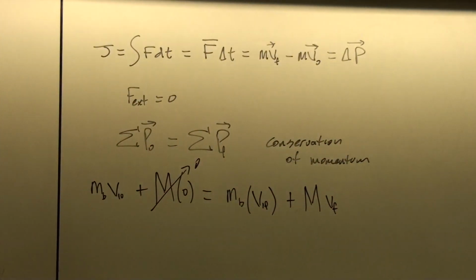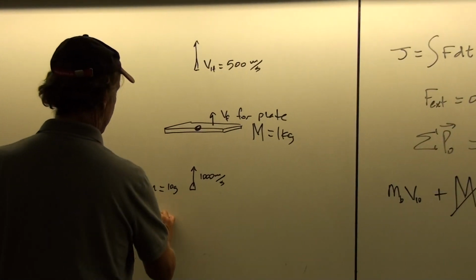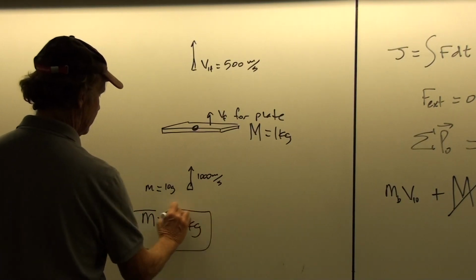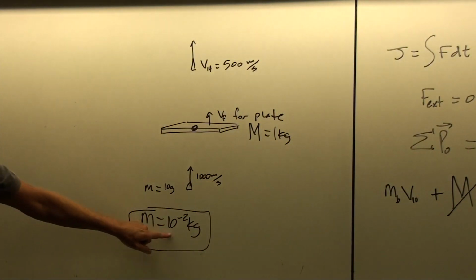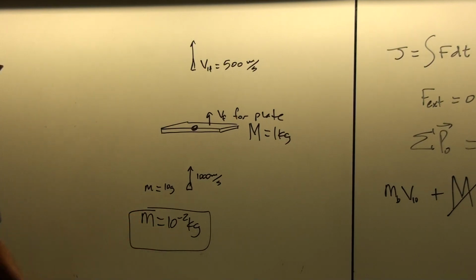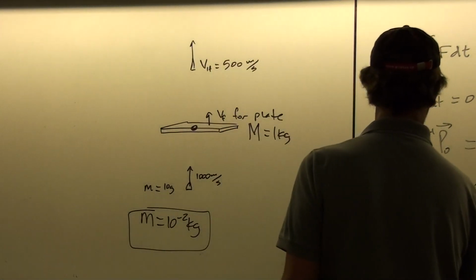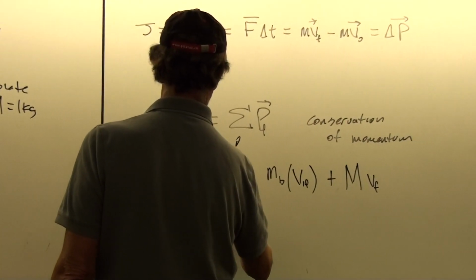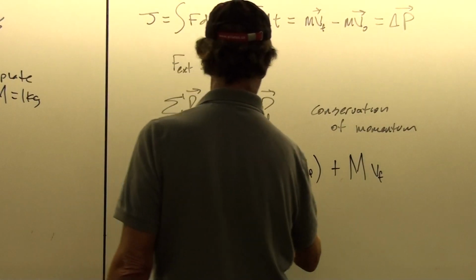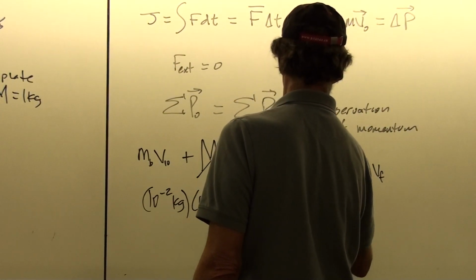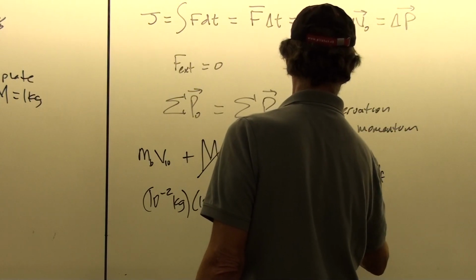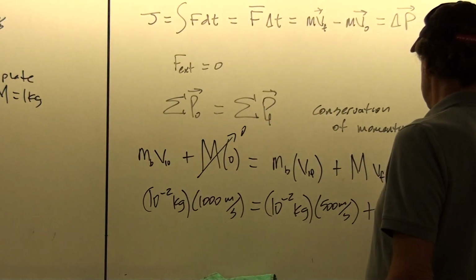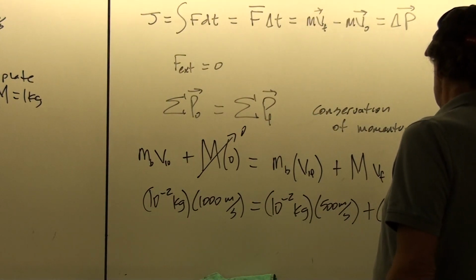Really, once you've got the equation written, the algebra isn't bad. The mass here would be 10 to the minus 2 kilograms, which is 10 grams. 1 gram is 10 to the minus 3 kilograms, so 10 grams is 10 to the minus 2. So here we have 10 to the minus 2 kilograms times 1,000 meters per second equals 10 to the minus 2 kilograms times 500 meters per second, plus the mass of the plate, which is 1 kilogram times V final.